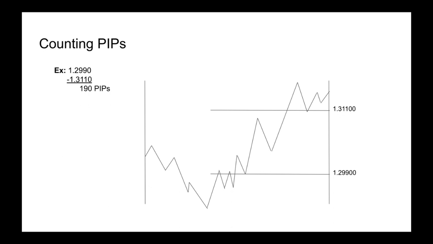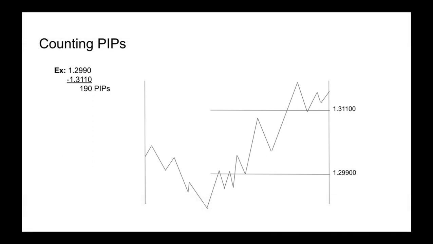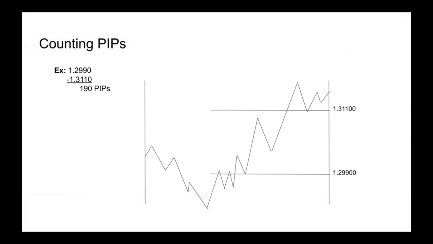So this is essentially what I was just saying. Let's say you take a buy at 1.29 and expect it to go up to the base currency we had before. As you can see, from our start point at 1.29, we take the buy up to 1.31, and that's 190 pips.